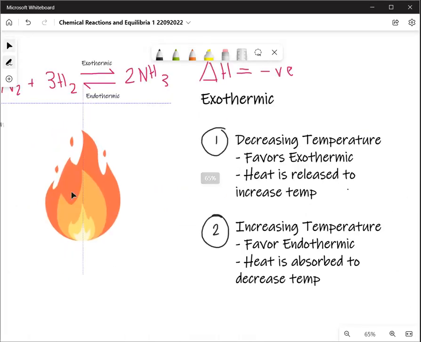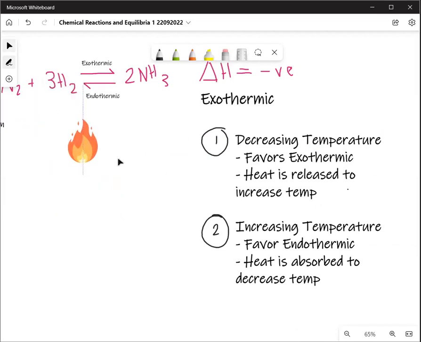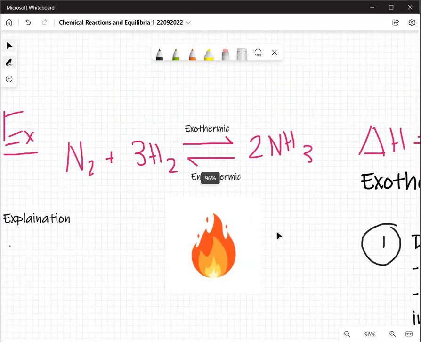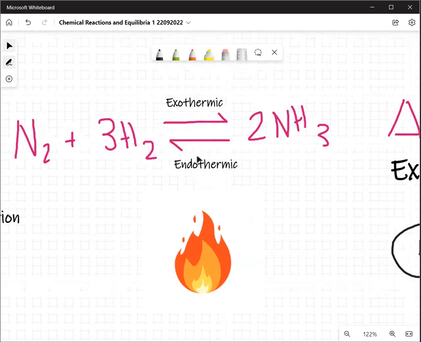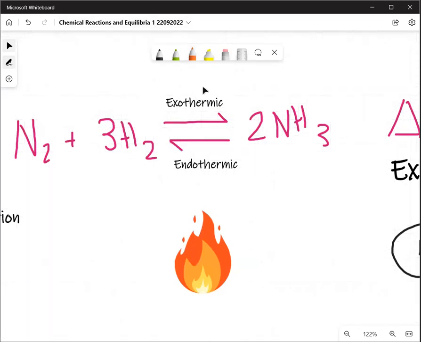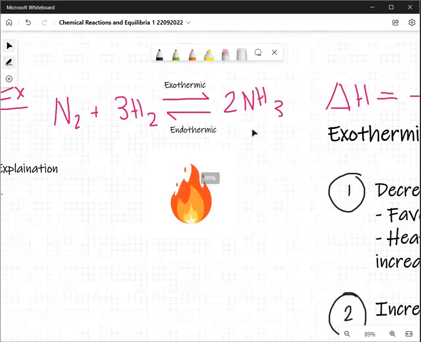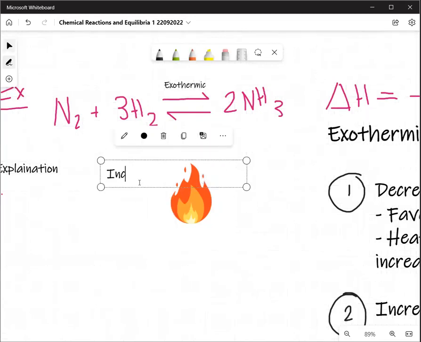This is the fire. Got it? Now you have a fire here. So what does fire do? Fire increases temperature. So what is the opposite of this?